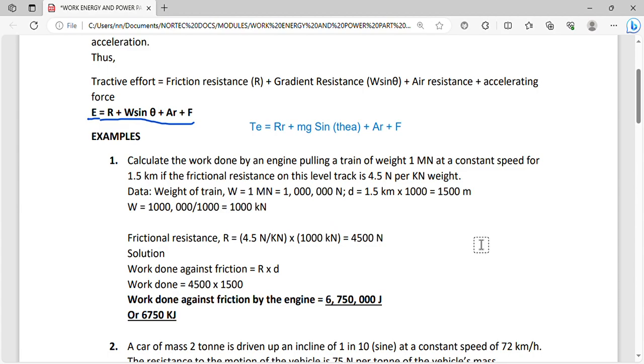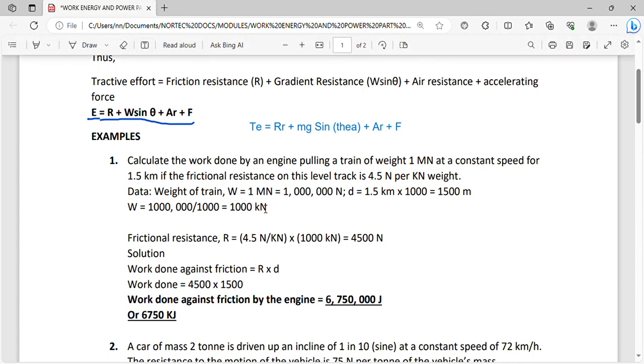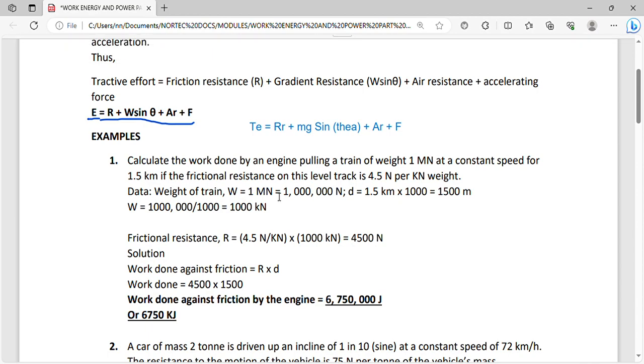So to make things easier for us, we have to convert this to newtons and also to kilonewtons. So Mr. Batala, what does mega represent, capital M? It represents 6 zeros.